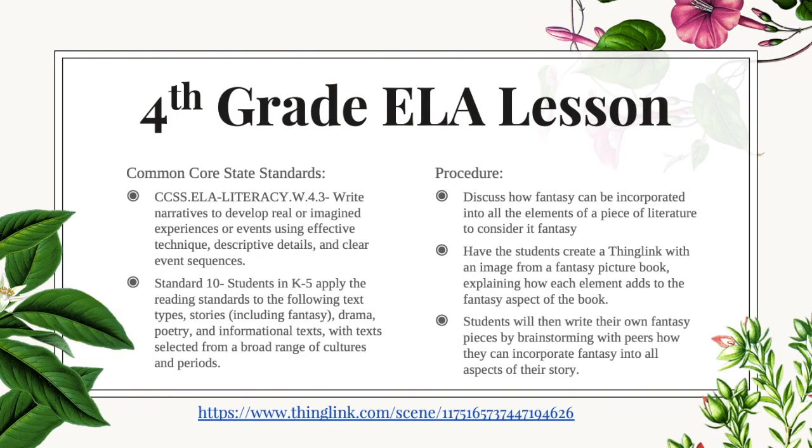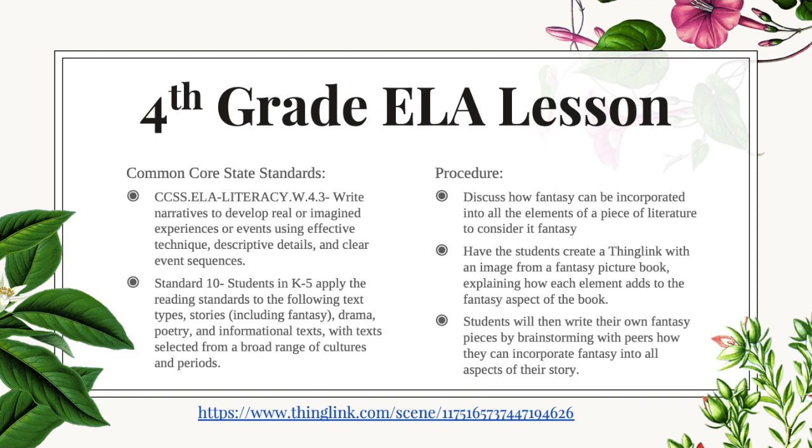The first is to teach fourth graders about the genre of fantasy and allow them to practice writing their own fantasy stories. After reading the book with the class, each story element, such as setting, characters, and plot, will be addressed in discussion. Then, students will be given the opportunity to practice what they have learned by creating a Thinglink.